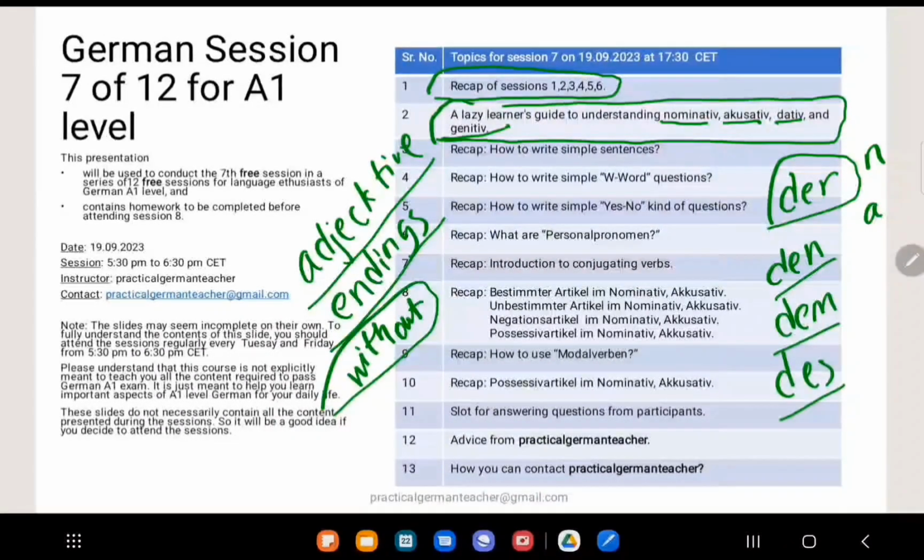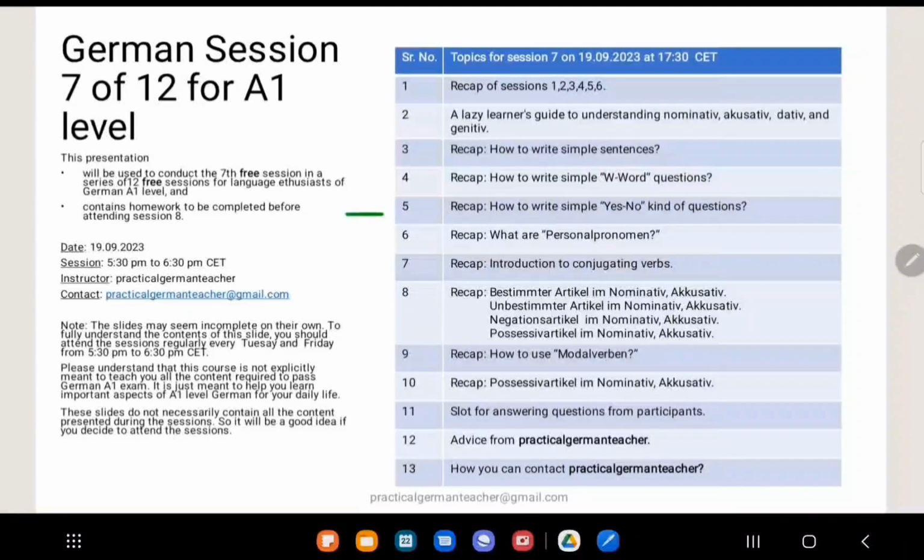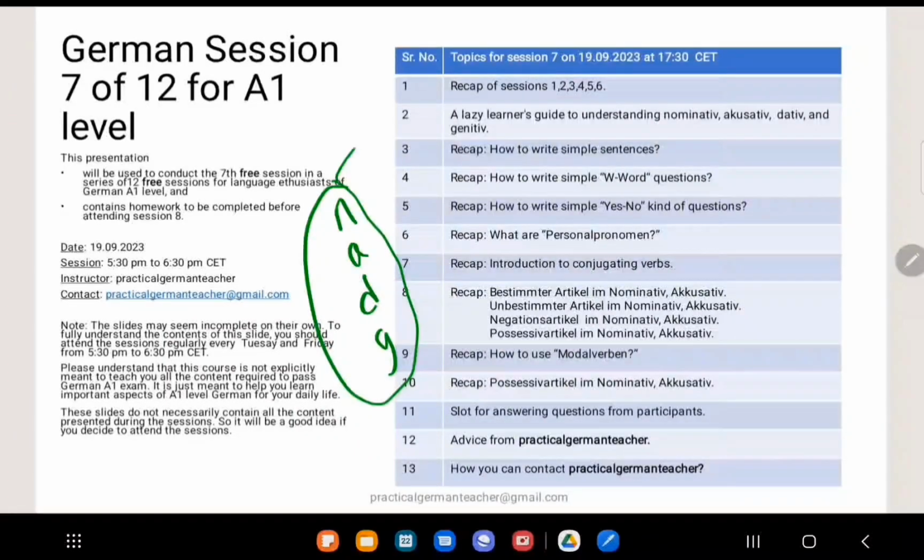So there are three things actually. Once you know whether article or no article, then you have to check whether it is nominative case, accusative case, dative case, or genitive case. And then if there is an article, what kind of an article. So adjective endings depend, normally for me, on three things.